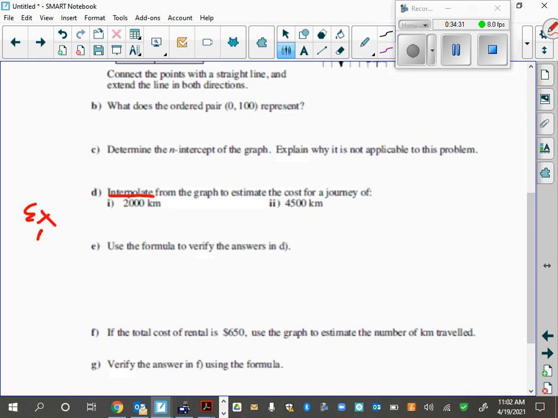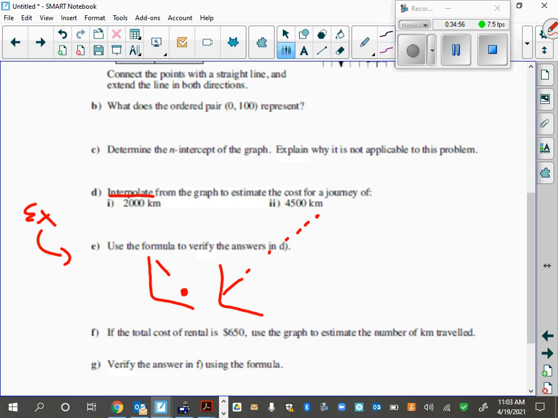And extrapolate means you're outside the graph. So the graph is here, and you've only got this much, that's interpolating. But if your graph is here, and I ask what's the antique car worth after 40 years, then you go off the graph, and that's what they want you to do. Both of them just mean estimate.